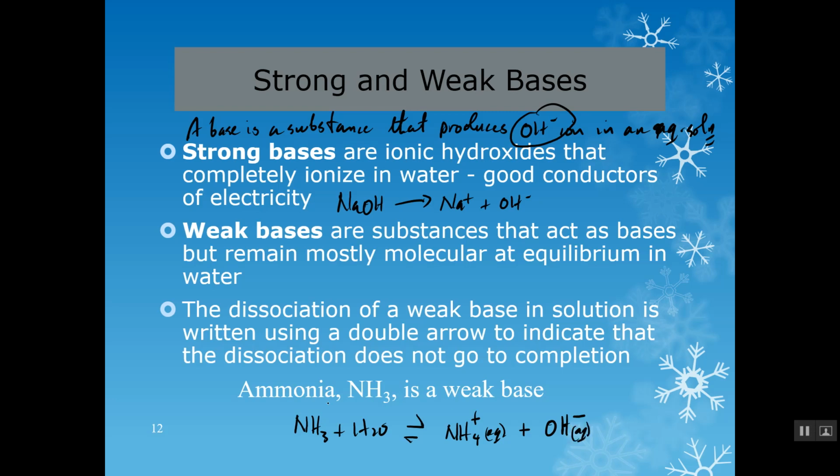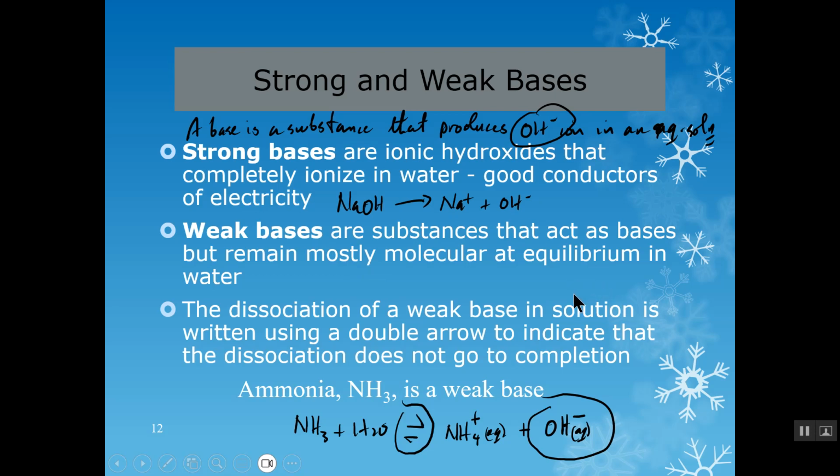All right? So again, the hydroxide ion is formed, but you'll notice I've used the double arrow here going in opposite directions to indicate that the reaction is going back and forth, and therefore as a result the concentration of hydroxide ion here would be lower than you would expect, especially compared to strong bases like sodium hydroxide.